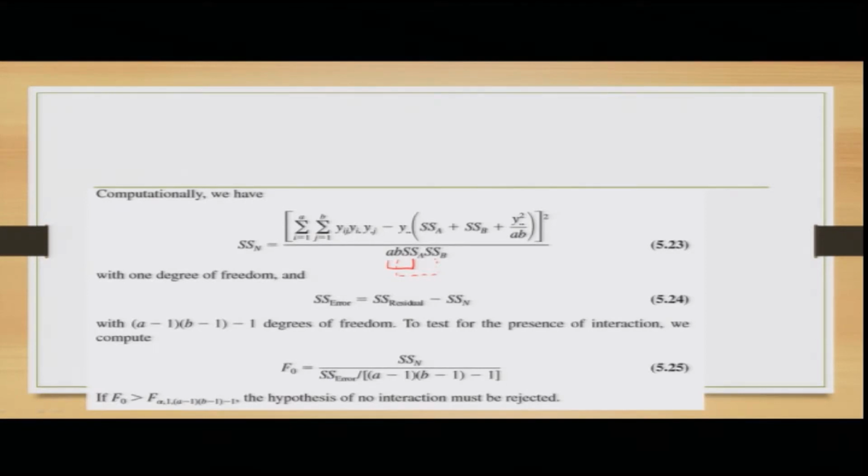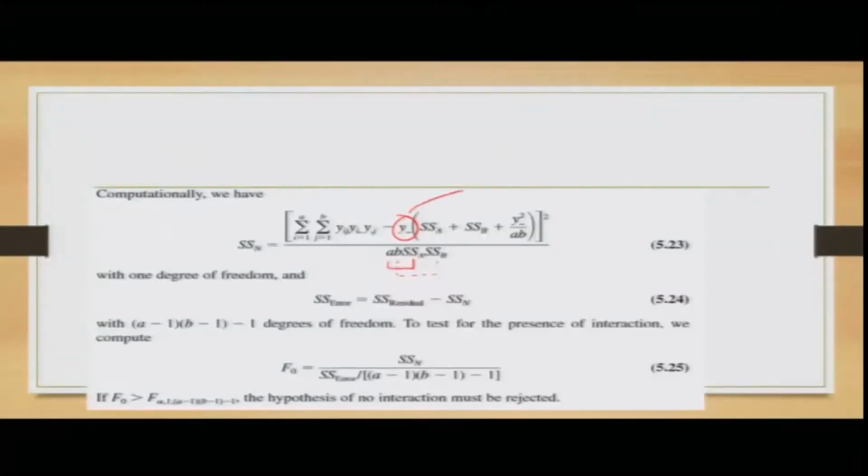You will multiply it by the product of y bar dot dot. I am trying to find out the sum, because this is not the average. My apologies, I should not have used the word average.